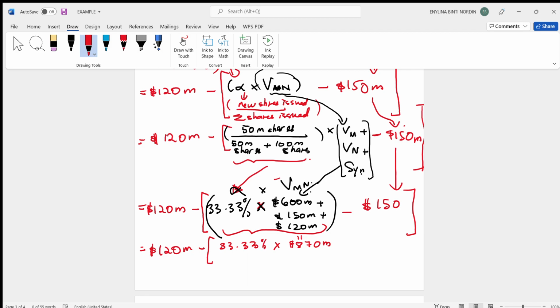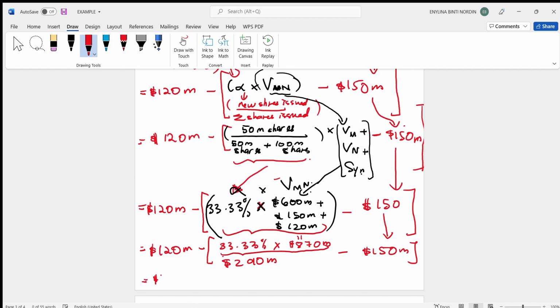So you multiply by 50, you divide by 150. So the value here equals to 290 million, and minus 150 million.